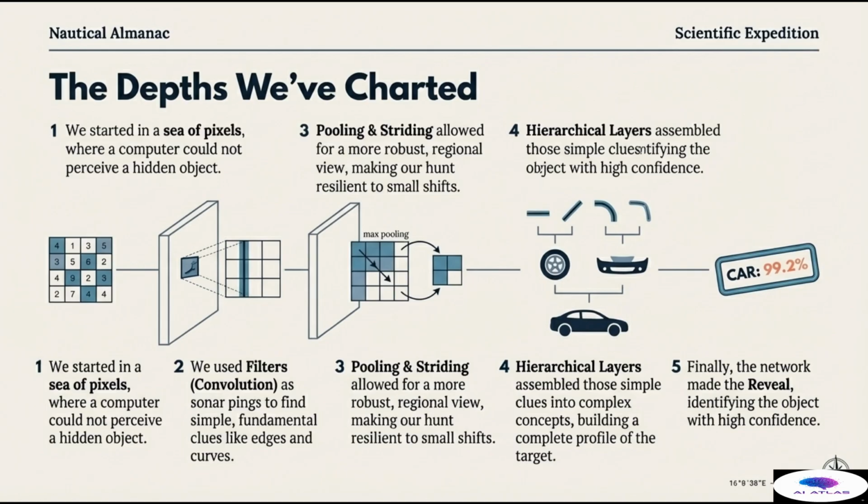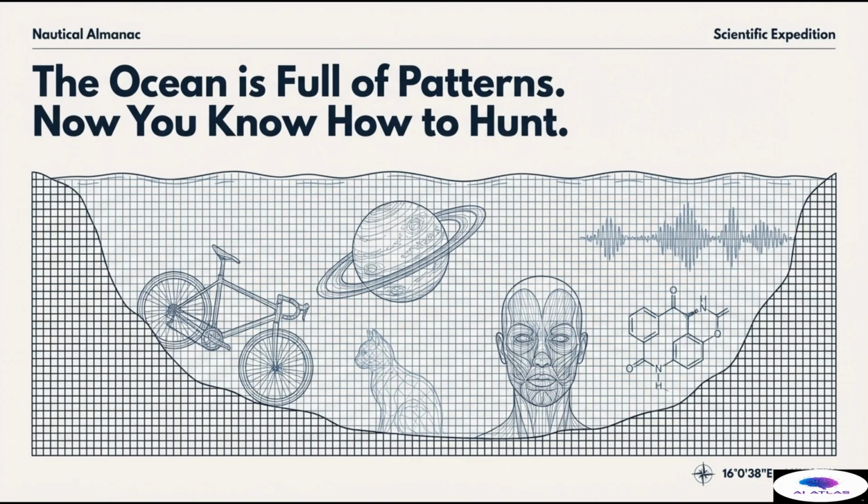The network progressively assembles those simple clues into more complex concepts, moving from edges to component shapes, and finally to high-level object parts like tires and windows, building a complete, highly abstract profile of the target. 5. The conclusion, the reveal. Finally, the network utilizes this rich, abstract profile to make its final, high-confidence classification, successfully identifying the object and solving the visual mystery. We conclude our deep dive into convolutional neural networks.